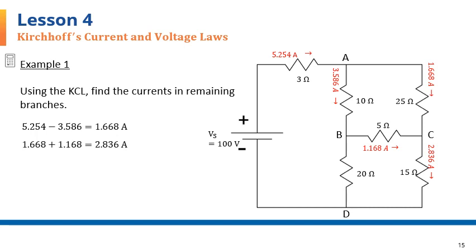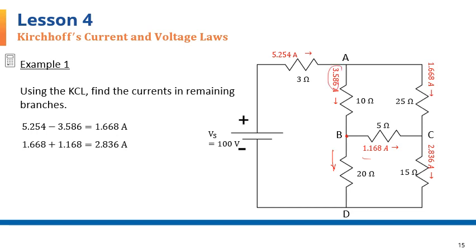And now for node B, current of 3.586 is flowing into it, and current of 1.168 is flowing out of node B. So it allows us to calculate the outgoing current from point B to D as the difference of these two.